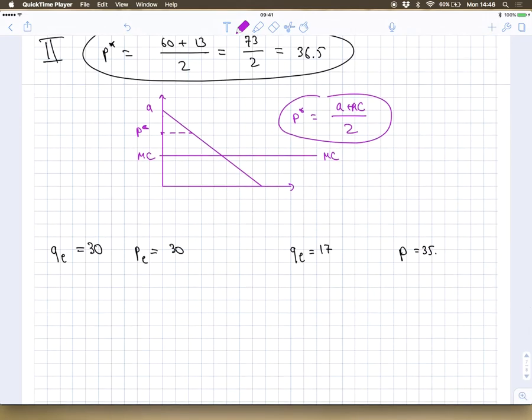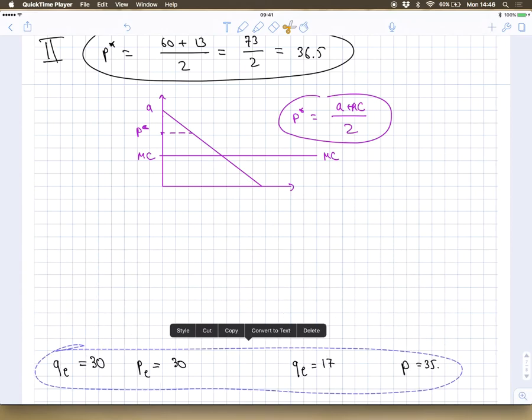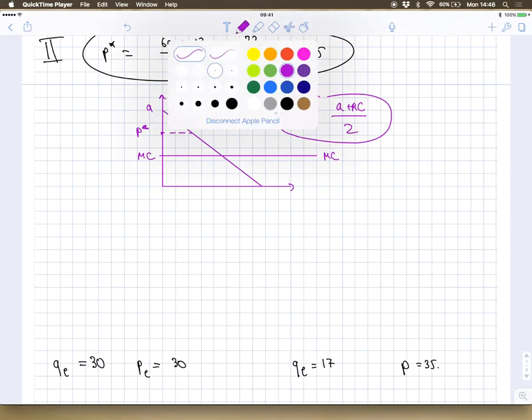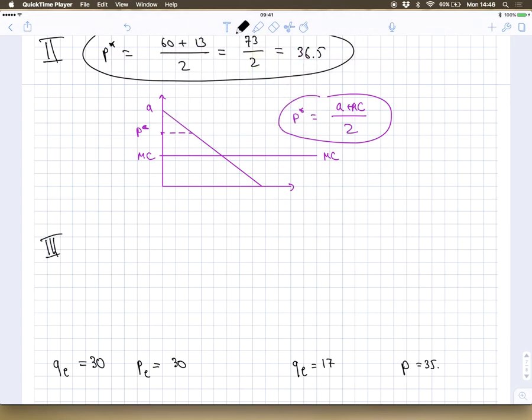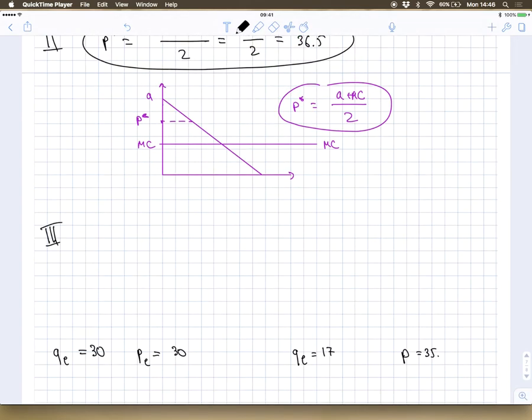Okay. What's the third method that I could use to find that same price? What's the third method that I can use to find the same thing? Yeah, the inverse elasticity pricing rule. Okay, the inverse elasticity pricing rule said P minus 13 over P must equal 1 over the inverse of the slope.